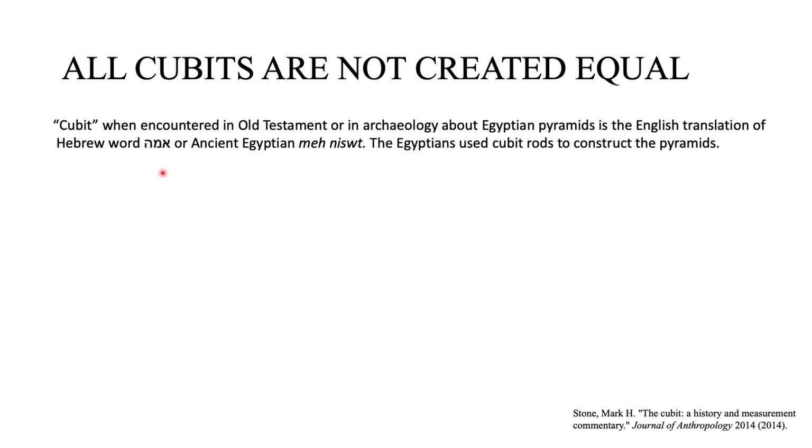So the actual Hebrew word we're translating into cubit is amah, and the ancient Egyptian word used to describe that length is meniset. And the Egyptians realized that you cannot use one person's cubit to be the same distance as another, say, taller person's cubit.